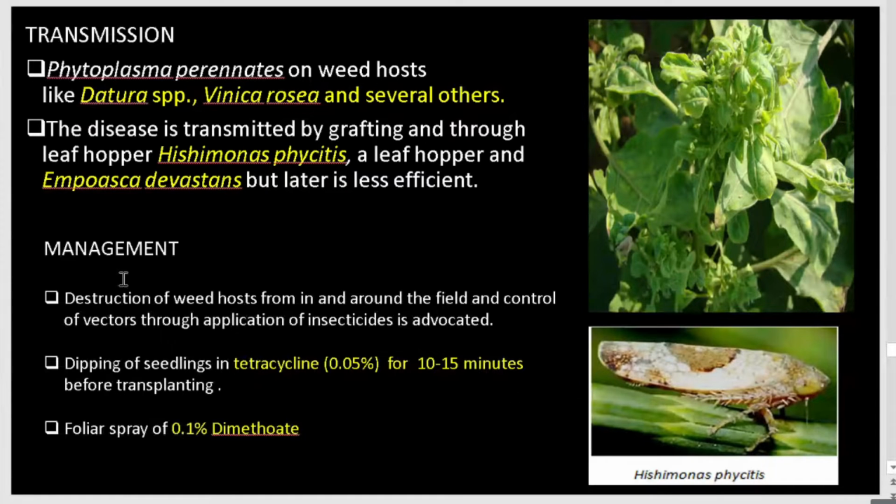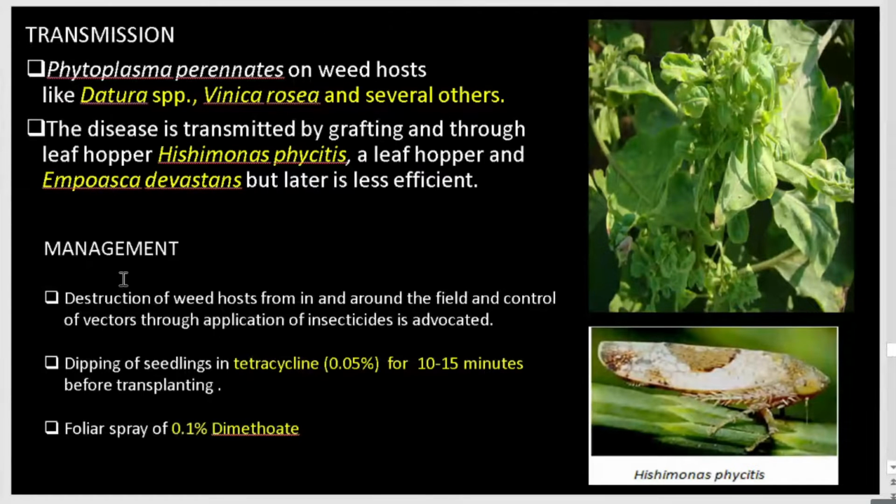dimethoate, available as Rogor, at the rate of 0.1%, which is highly systemic. You will read about lambda cyhalothrin in entomology. Lambda cyhalothrin is also one of the recommendations for management of plant hoppers.